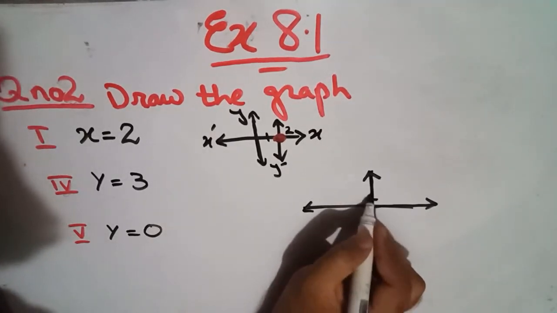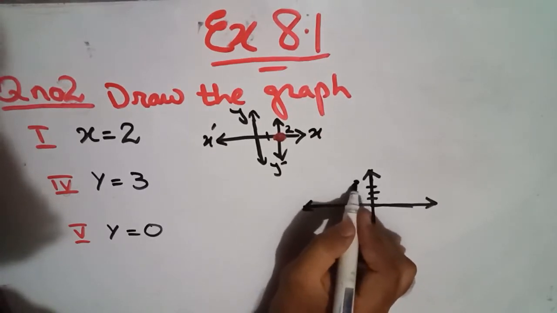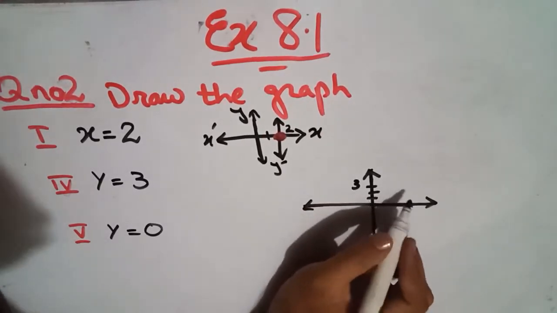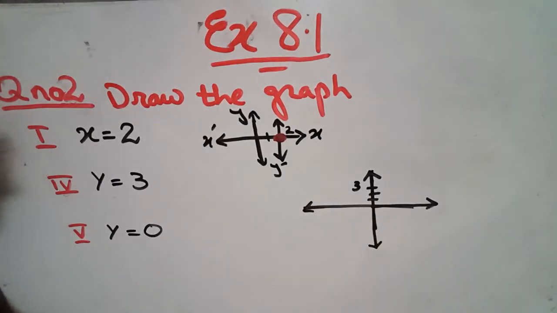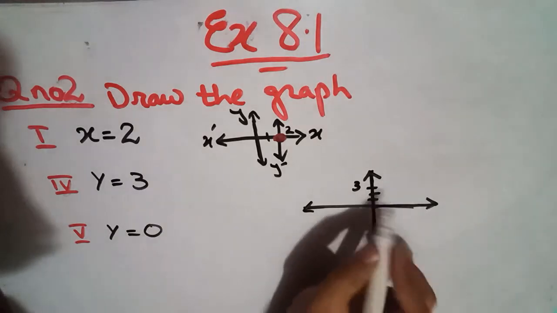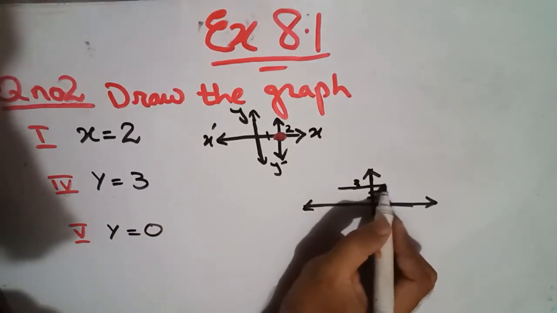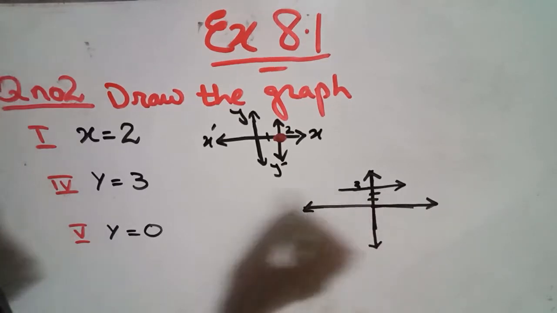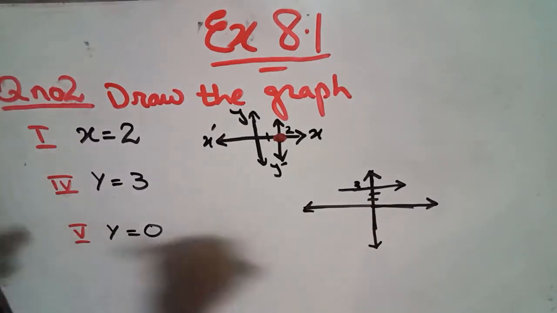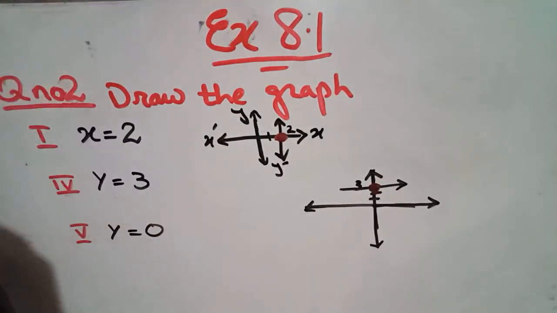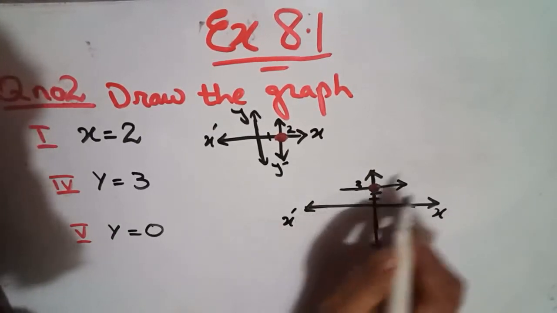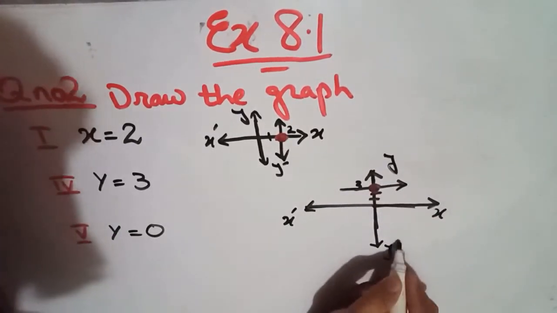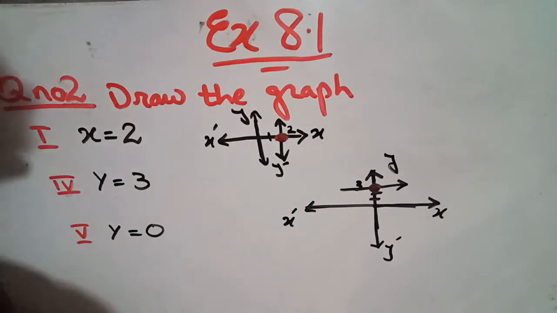So you will just draw the 3 lines on the index line of y. So 3, because here only the value of y is given, so x will be considered here 0. You will represent it just as a value of y. I'm just representing it like as, you will understand the concept. This is the x-axis, negative x-axis, y-axis and negative y-axis. Okay, just represent it on y. So I'm just representing it on the y-axis.